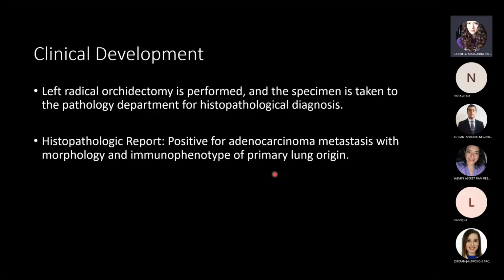Left radical orchidectomy is performed, and the specimen is taken to the pathology department for the histopathological diagnosis. In the histopathologic report, it was positive for adenocarcinoma metastasis with morphology and immunophenotype of primary lung origin. So in this patient, the lesion in the left testis was metastatic disease of the lung lesion that we saw before.